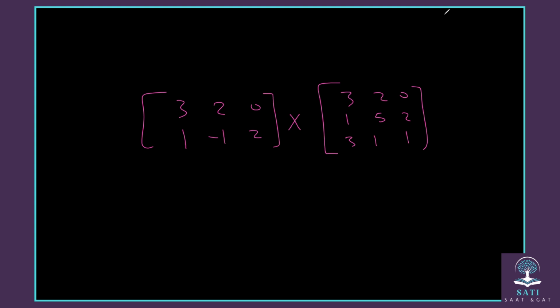I'm just taking easier numbers to make the multiplication faster, but the idea is the same regardless of what the numbers are.